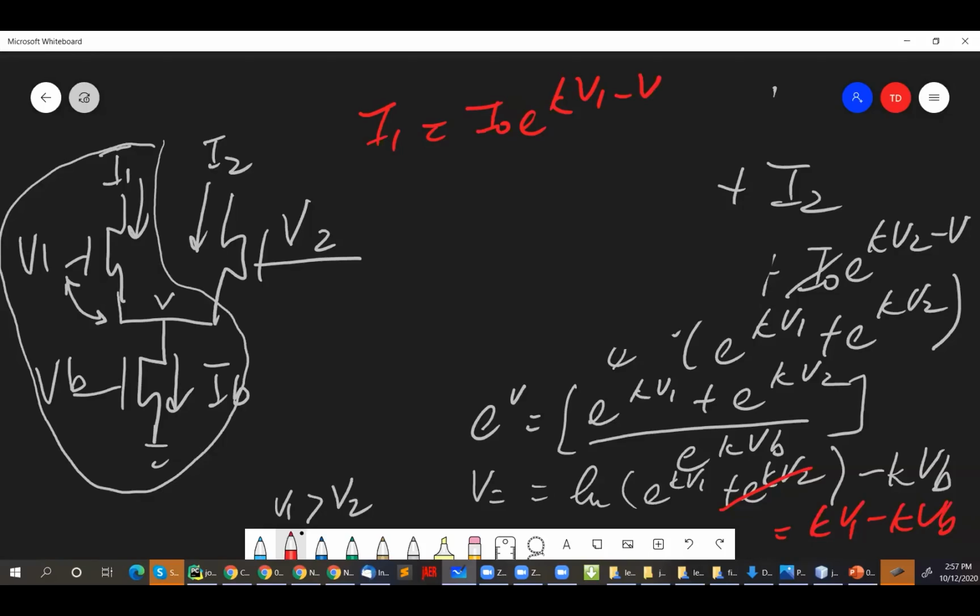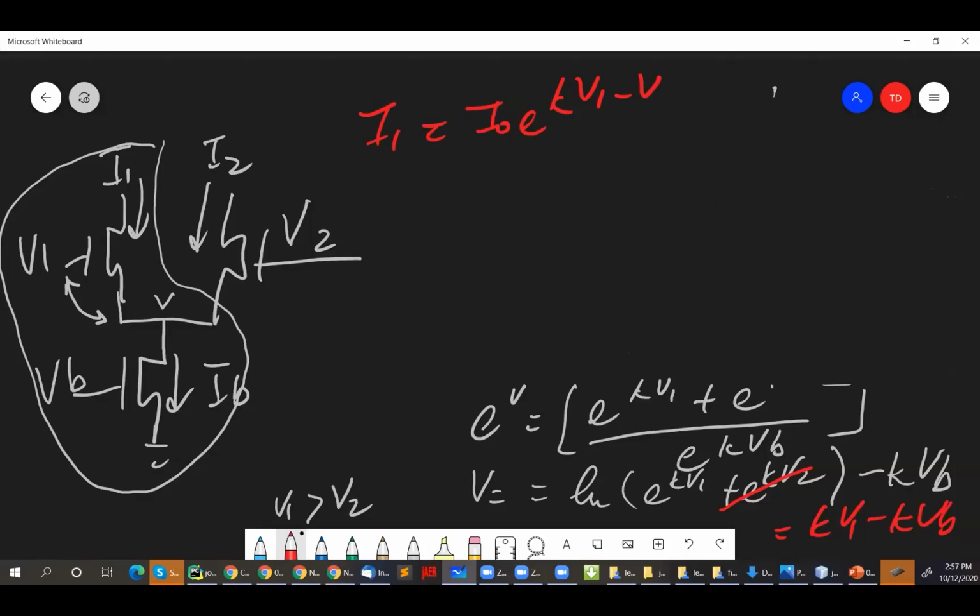Remember, you don't have V before, because V is derived from the other 3 voltages. So now you have an equation here, you have the EV here.